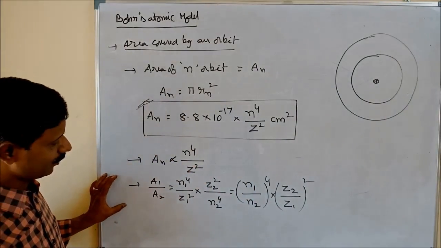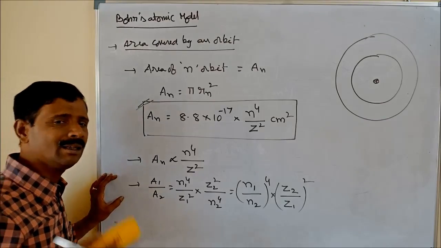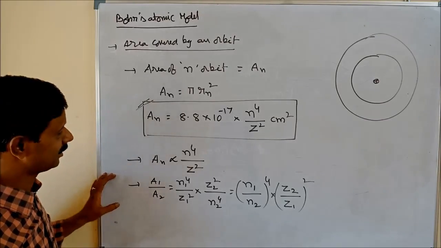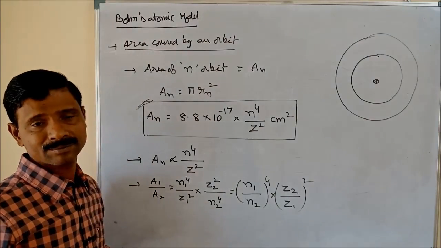You have to remember this formula to compare the area covered by any two orbits. So that is regarding the concepts related to radius.